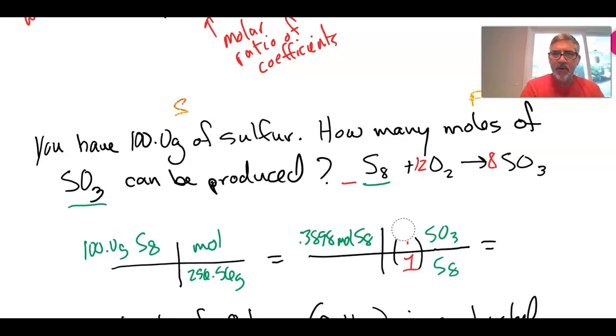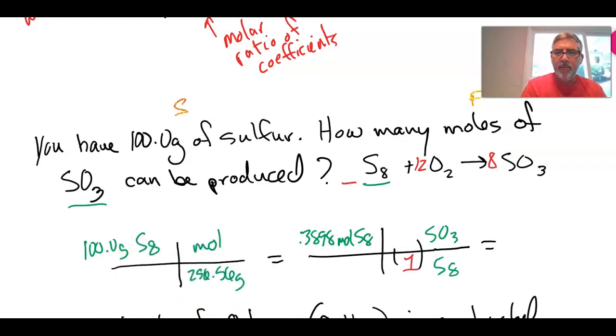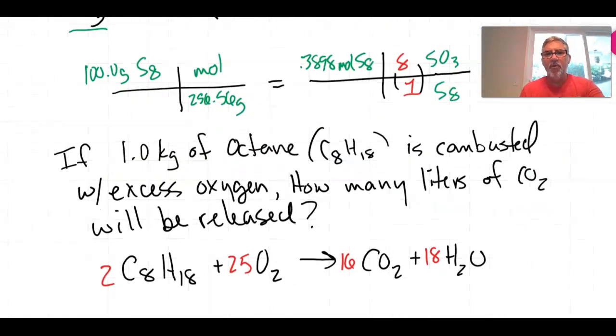And SO3 was 8. Right? So I simply just multiply that by 8 now. And I get 3.11 moles. Right, so that's my answer. I'll give you one more.